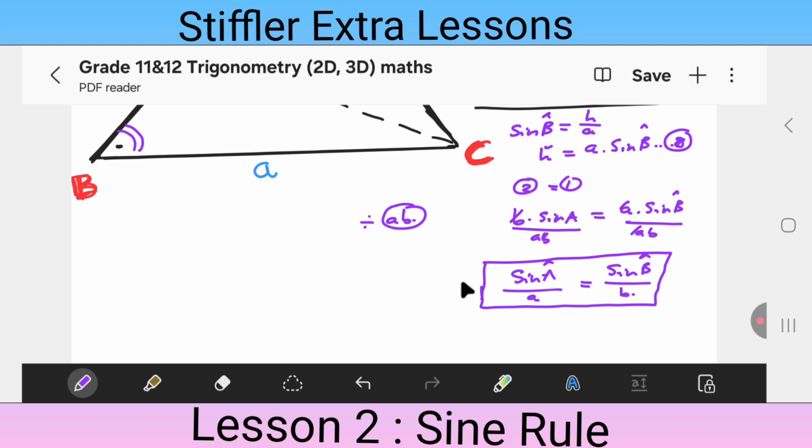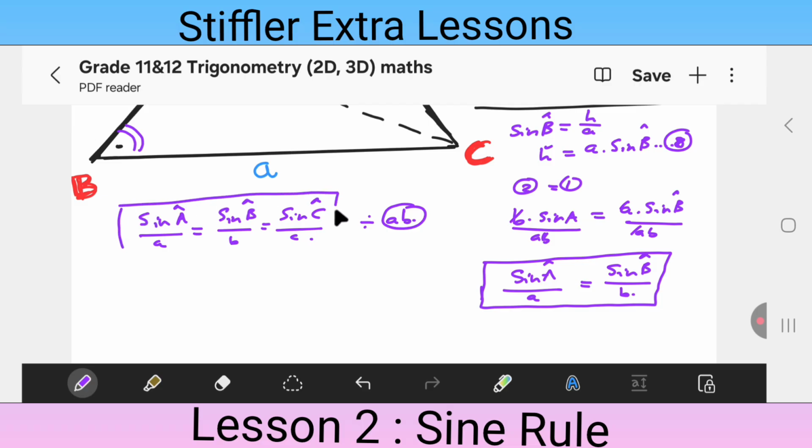Just notice that this will also be the same as sine of A over A equals sine of B over B, as well as sine of C over C. So no matter which sides and angles you have, you can always use this to find the unknown side or the unknown angle.